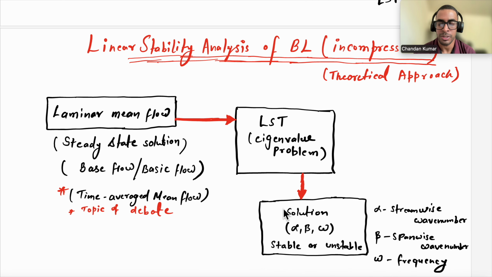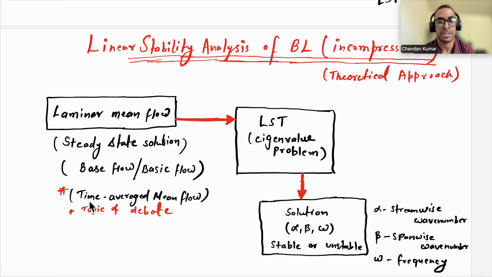As we talked about, linear stability is performed on laminar mean flow, which is also sometimes referred to as a steady state solution that doesn't change with time, and in the literature is sometimes referred to as base flow or basic flow.